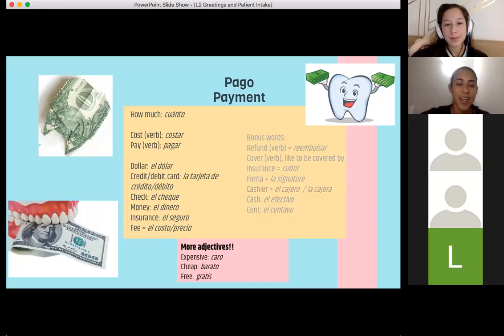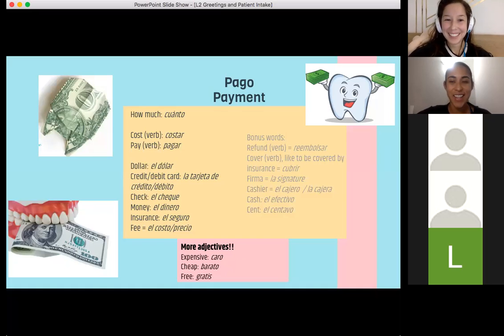So now we're going to move on to payments, since usually patients have a lot of questions regarding this. We have how much, cuánto. Cost is costar, a verb, and pay is pagar. Dollar, el dólar. Credit or debit card, you can say la tarjeta de crédito o la tarjeta de débito.